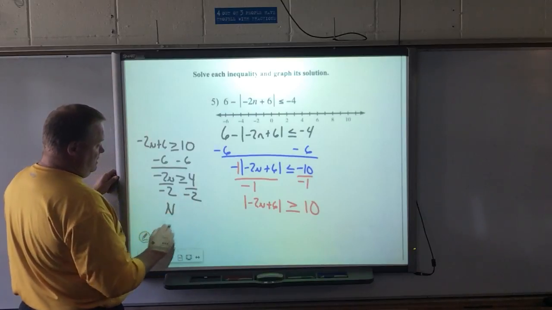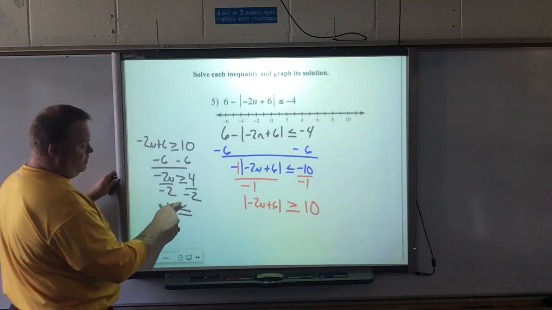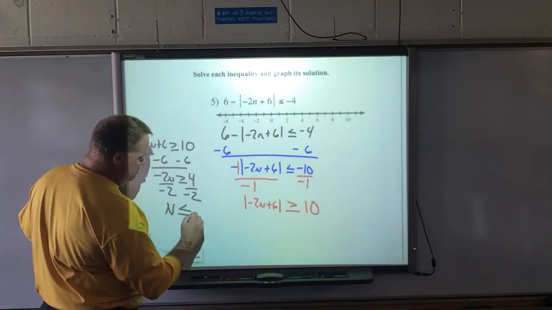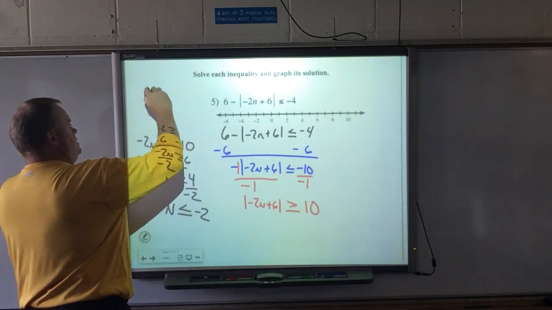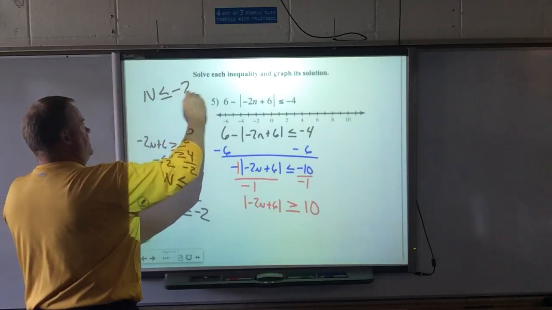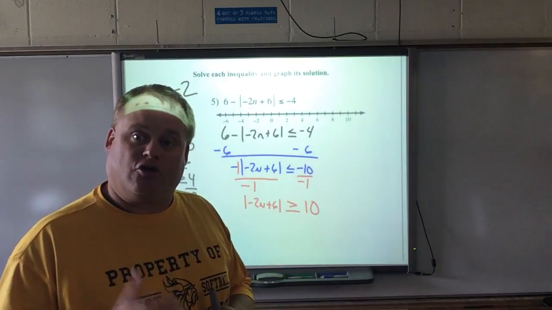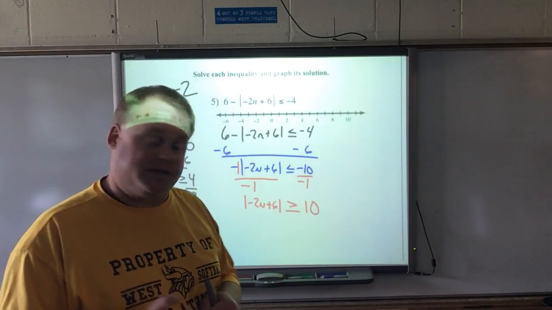N. This time it's going to be less than or equal to, because I had to flip my inequality because I'm dividing by a negative. 4 divided by negative 2 is negative 2. So I know that n is less than or equal to a negative 2. Remember, every time we multiply or divide across the inequality with a negative, I have to flip the inequality sign.